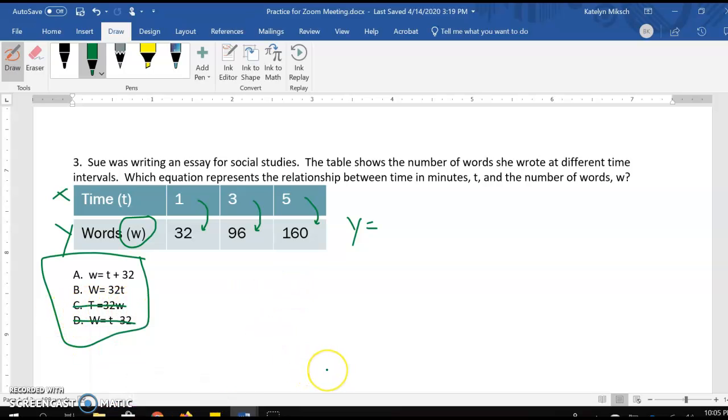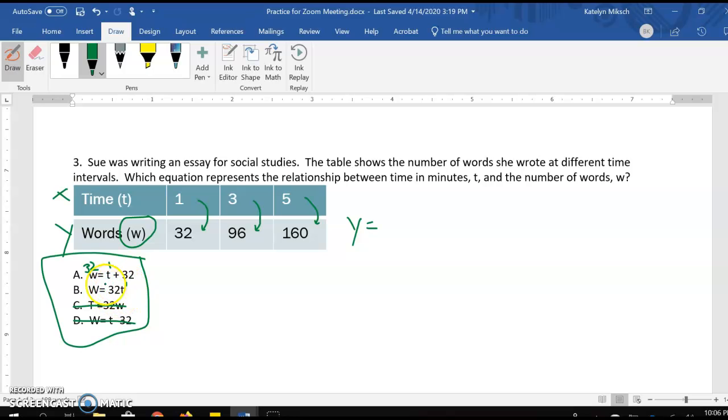So now we just need to see, are we adding 32 or are we multiplying by 32? So if I plug in the numbers, I have a 1 and a 32. That means 1 would go right here, 32 would go here. Where W is 1 plus 32, is that going to give me 32? It's not. It's going to give me 33. So then we try this next one.